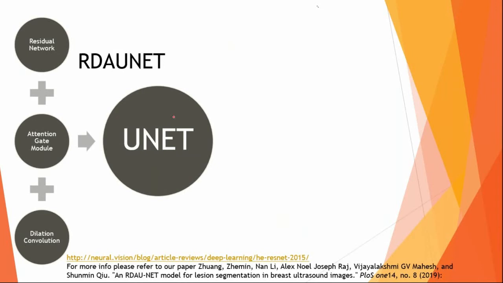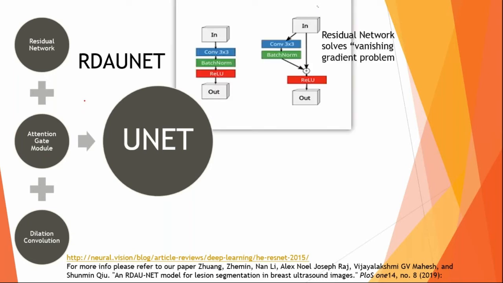This is the traditional U-Net, and we replaced it with residual network, attention gate, and dilation convolutions. And this is an example of how a residual network works. This is the normal CNN. In the residual CNN, to avoid the vanishing gradient problem, you have this path, which is basically the normal CNN, and along with this, you add up the input image or the input feature.